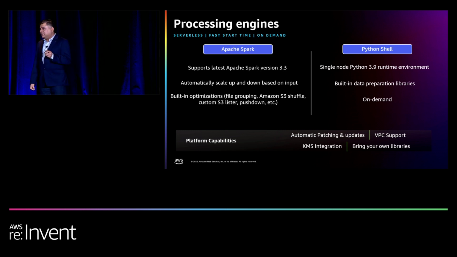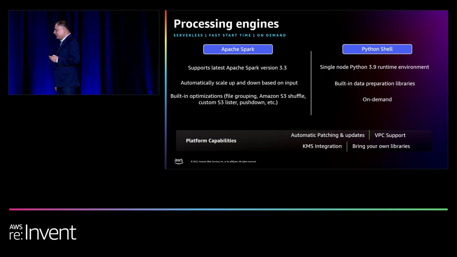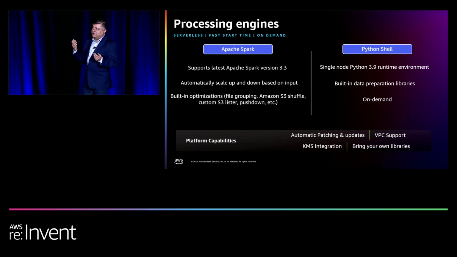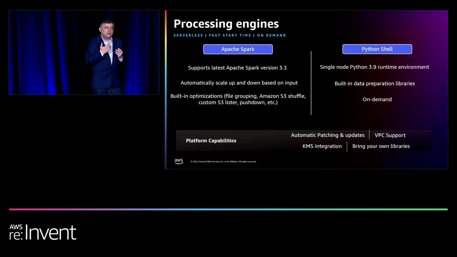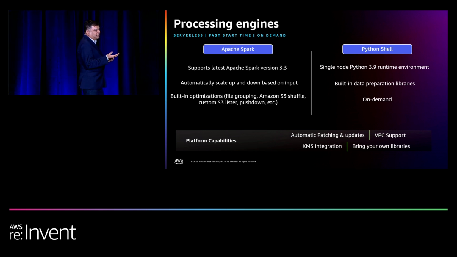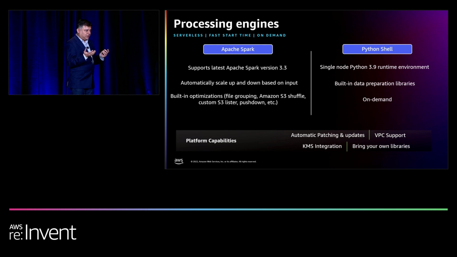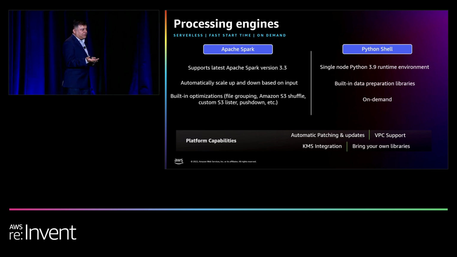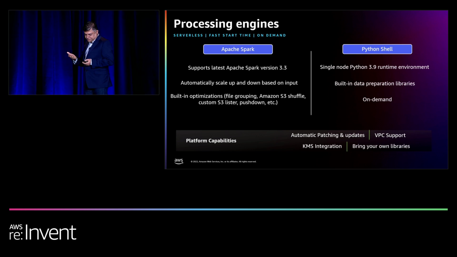And then last is bring your own libraries. If you have built libraries in jar, Python, or wheel files, you can provide these as part of job creation or as part of interactive sessions, both primitives. And the runtime environment that you're using, the Spark or Python runtime environment, will take those libraries, and you can use them inside the code.